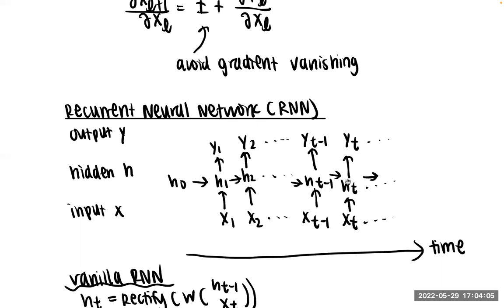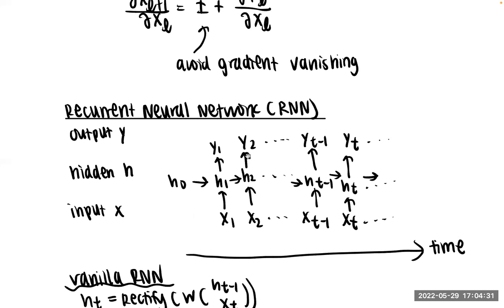HT cannot directly get information from X1 or from X2 and so on. So that's one limitation. So later, the transformer architecture will avoid this purely sequential architecture, so that HT can pay attention to all the other inputs at other time steps.